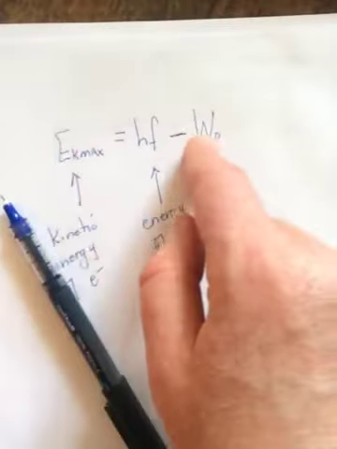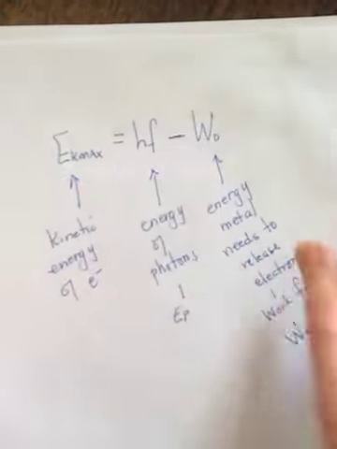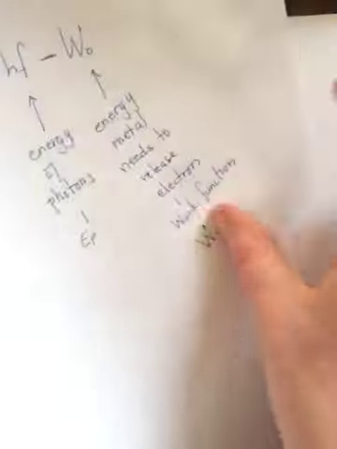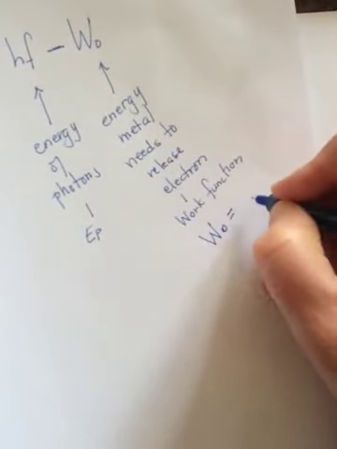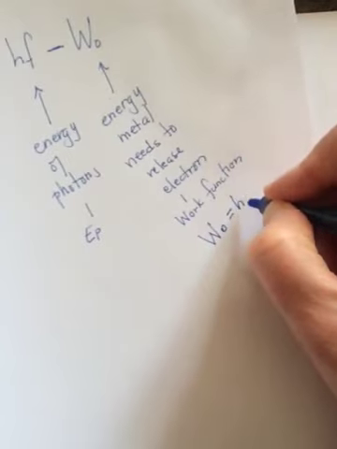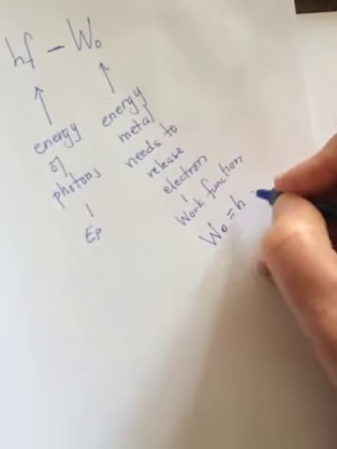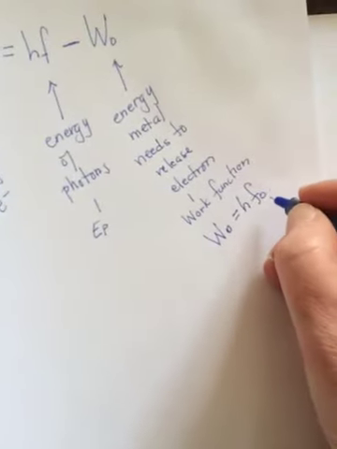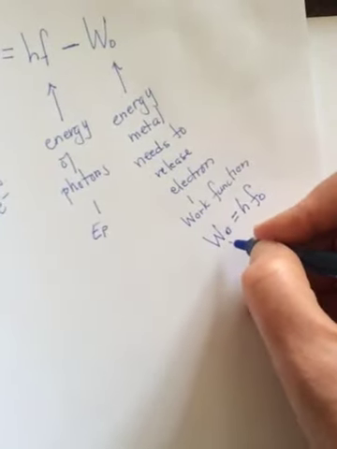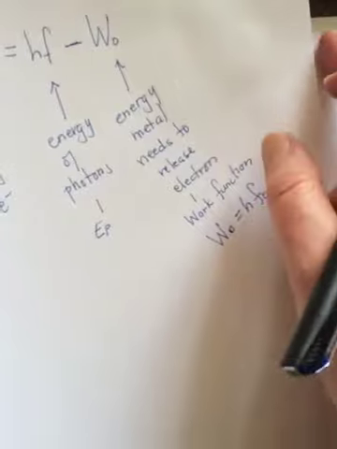Take the HF over and you'd see that WO equals HF. And that F is the threshold frequency. And so the equation that I stopped myself from writing down here is that we know WO is equal to HFO. So if we know the threshold frequency, then we can find the work function.